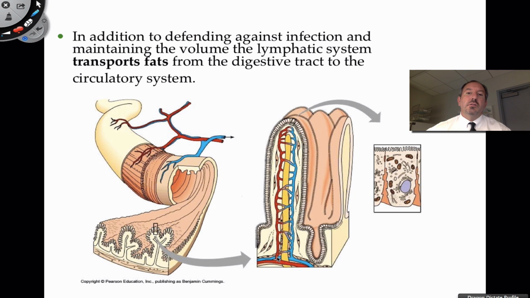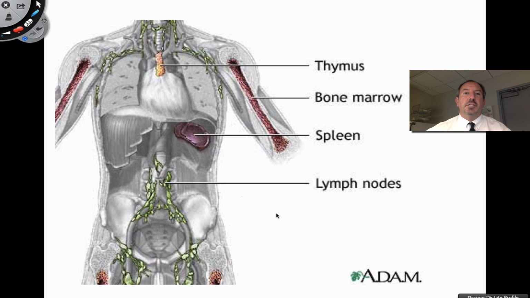Okay? And if you were to look at a lymphatic capillary, like for example in the liver, you might find that there's a little bit more protein in the lymph in that particular region. So there's some variation. And so if you're interested in the lymphatic system, there'll be some more videos discussing that along with the immune system.